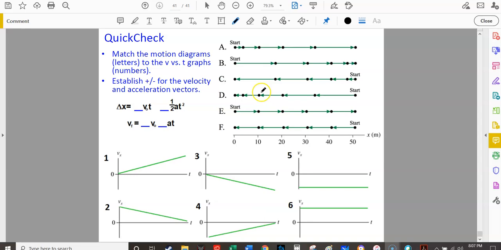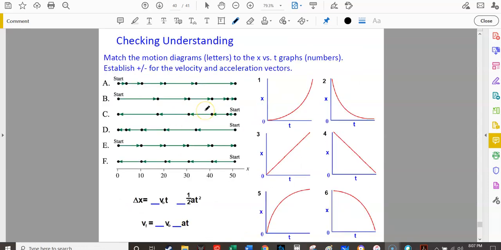And on the next slide, you're going to do the same thing: match up motion diagrams to these velocity versus time graphs, and then create equations for each one of those. So please go ahead and try both of these two slides now, and then we'll go back through it together. Okay?